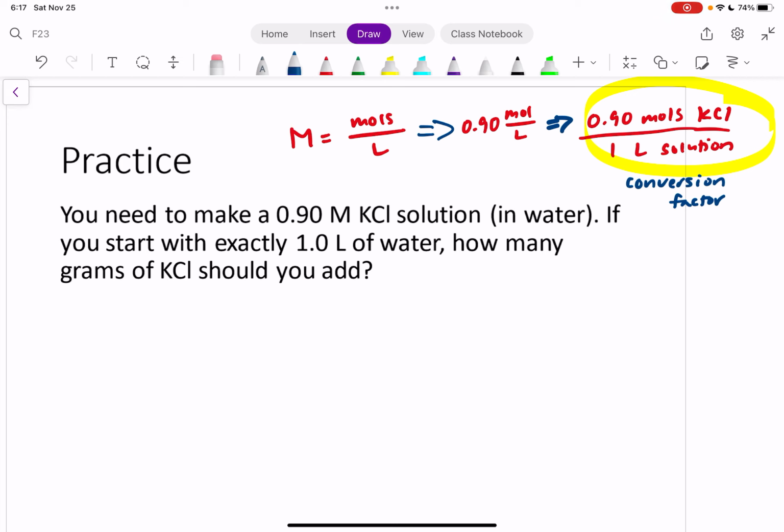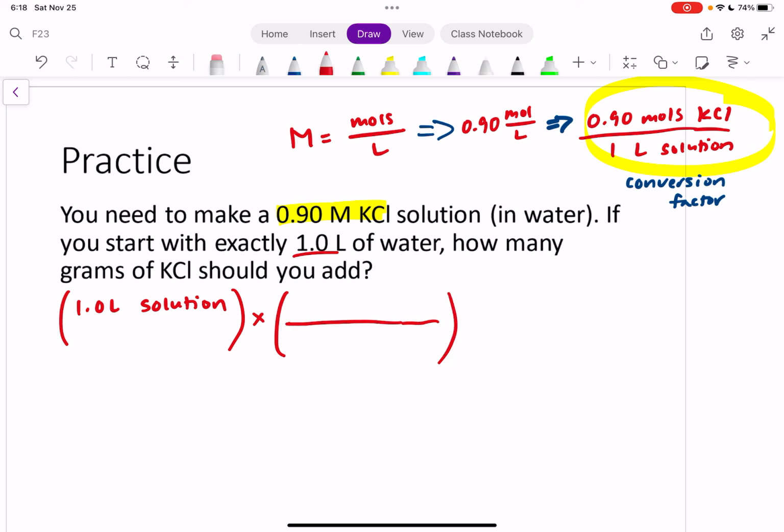Okay, and let's color code this as yellow again. All right, so we know a conversion factor that's going to help us out. We start with what we're given, which is 1.0 liters. I'm going to say solution, just to simplify things, because we know this solution is made by dissolving KCl in water. So we start with 1 liter, and we have a conversion factor.